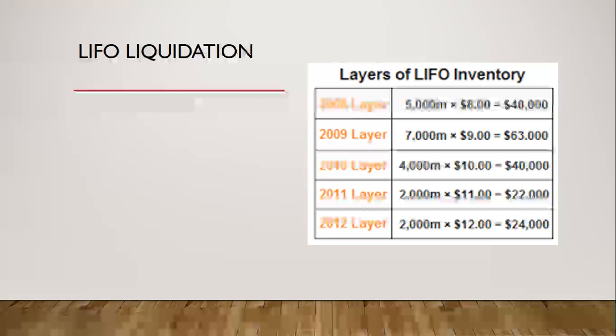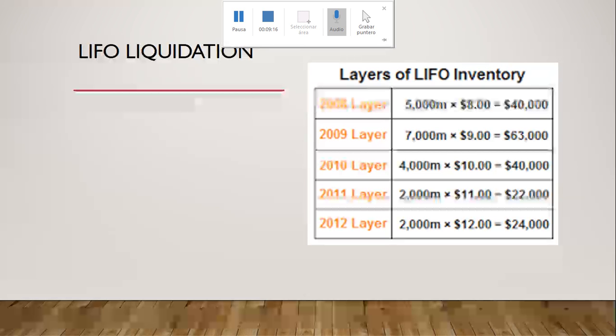Companies do not liquidate their LIFO inventory voluntarily. A company may have to liquidate its LIFO inventory due to one or more of the following reasons. Number 1, shortage of merchandise or materials inventory. Number 2, higher volume of sales than purchases.